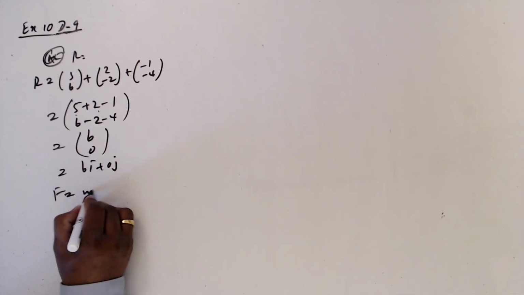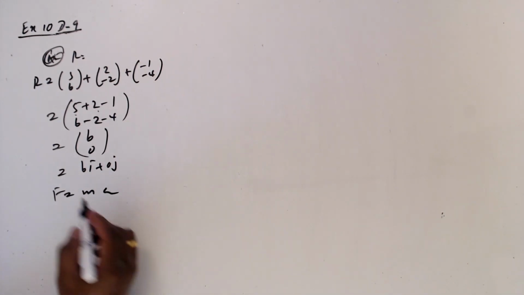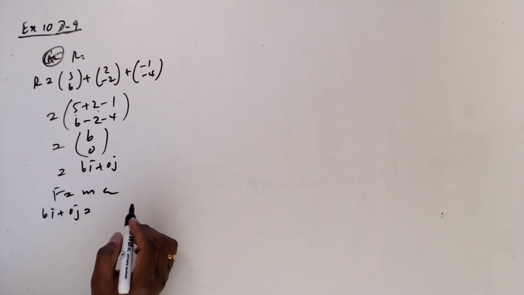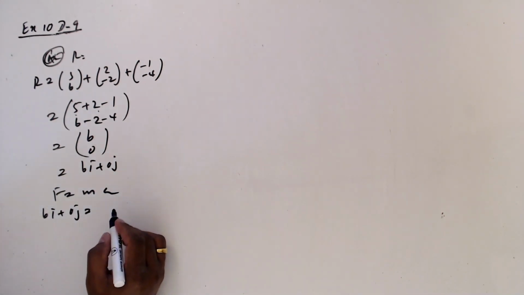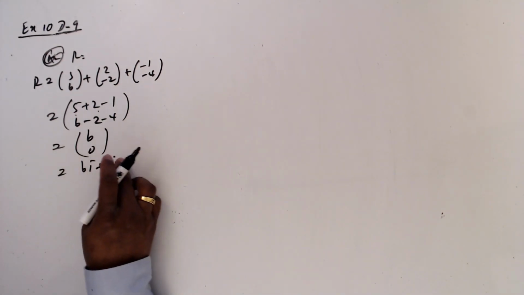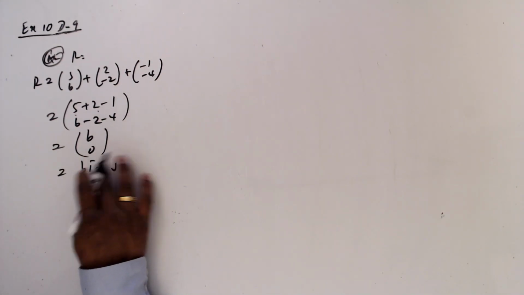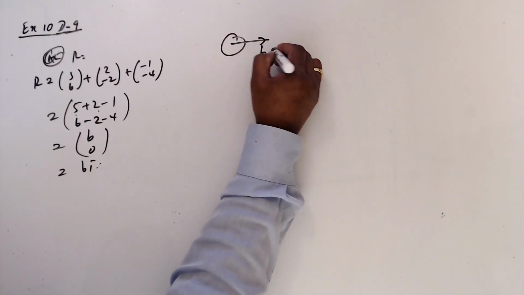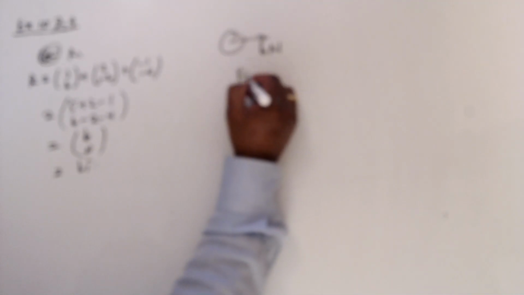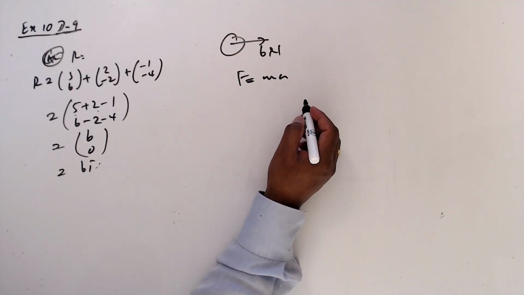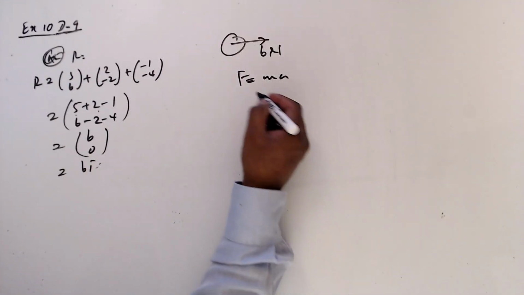So F equals ma, and this is going to be 6i plus 0j. Actually, we can see that this is just 6i. It means the particle has a 6 Newton force. So simply we can put F equals ma without the vectors.